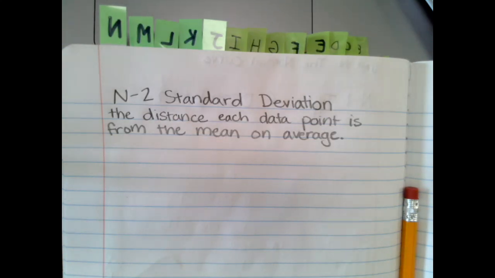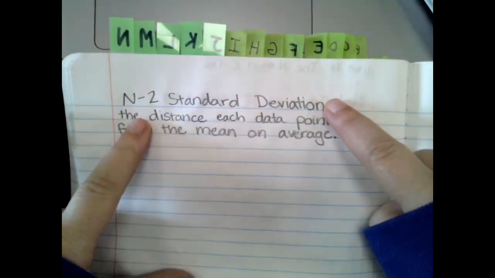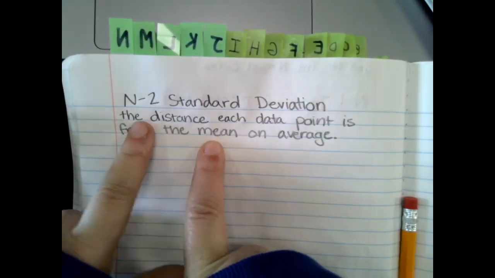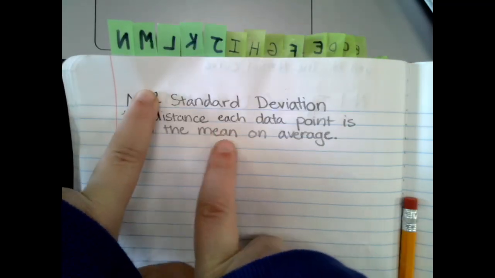The distance each data point is from the mean on average. The distance is that deviation, and then mean, that's our standard. The standard is the mean.